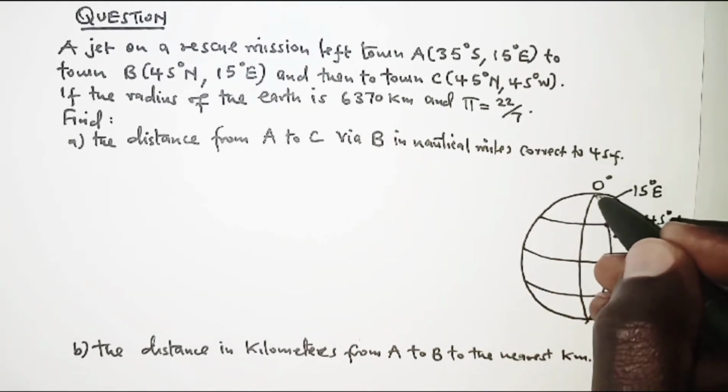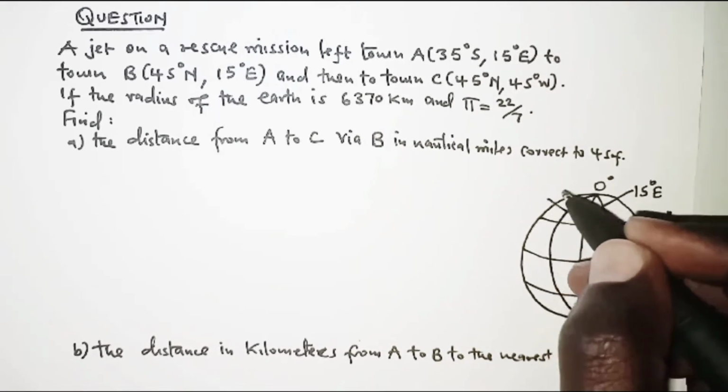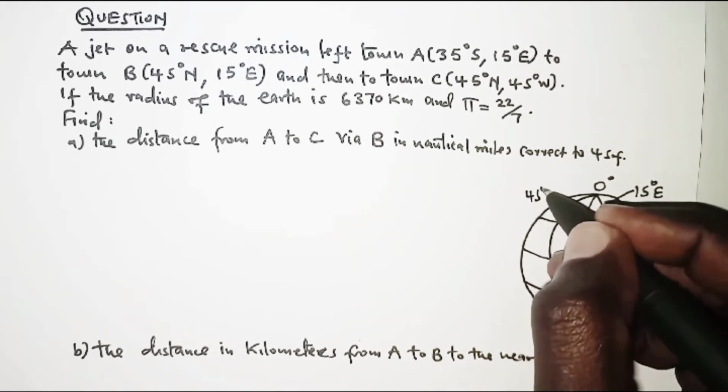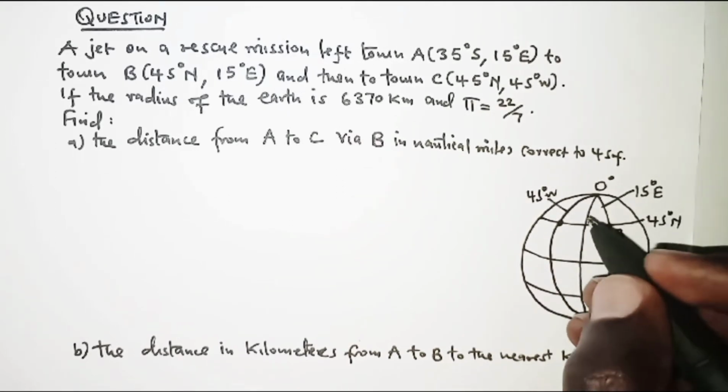So to the west of the prime meridian, so this is longitude 45 degrees west. Where the latitude and the longitude meet, that is the position of C.